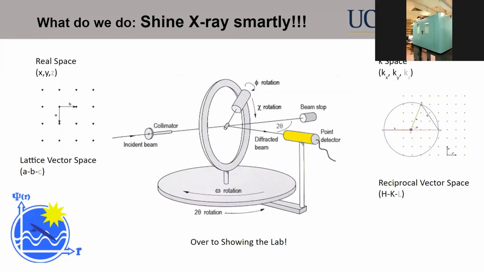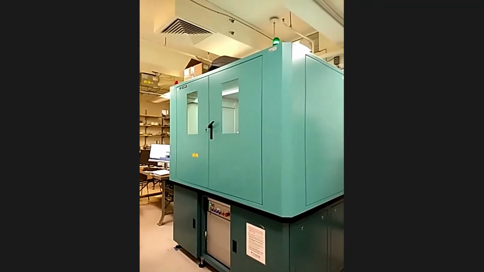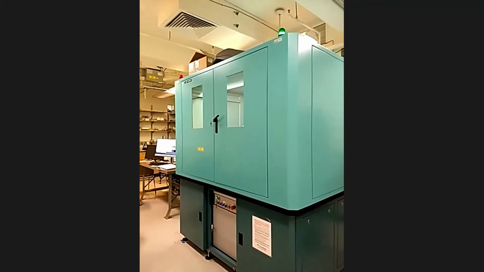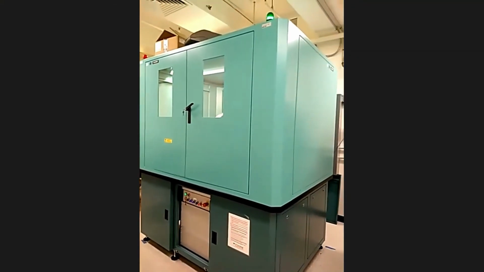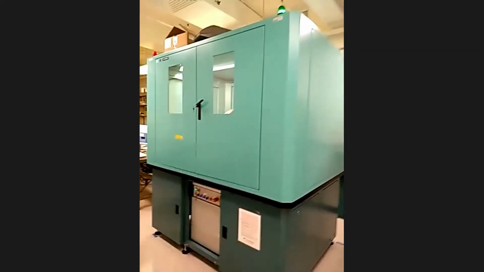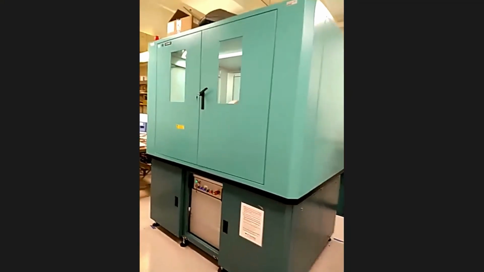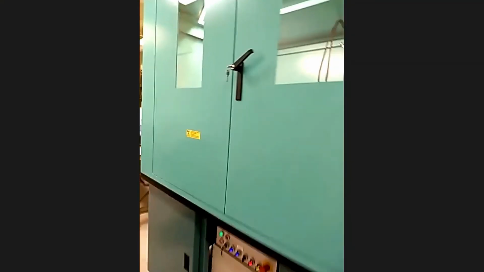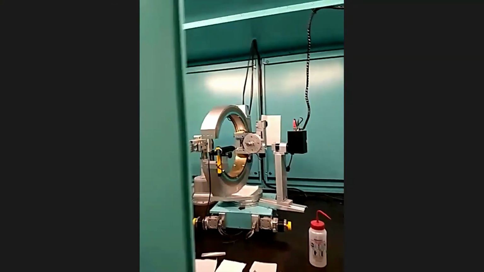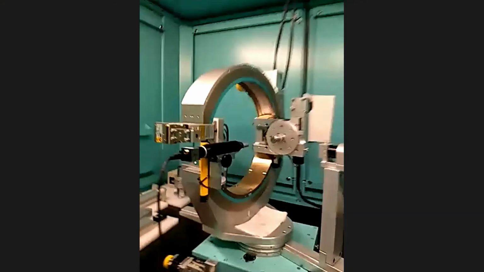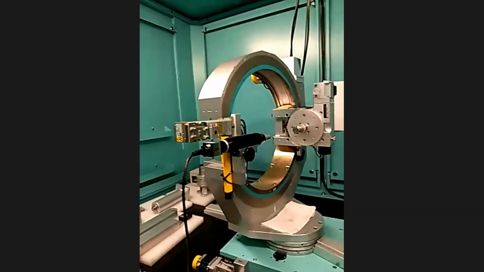So this is the four-circle diffractometer. This is completely lead shielded because there are X-rays inside, but it's not running right now. So I'm going to open it. This is the four-circle diffractometer.